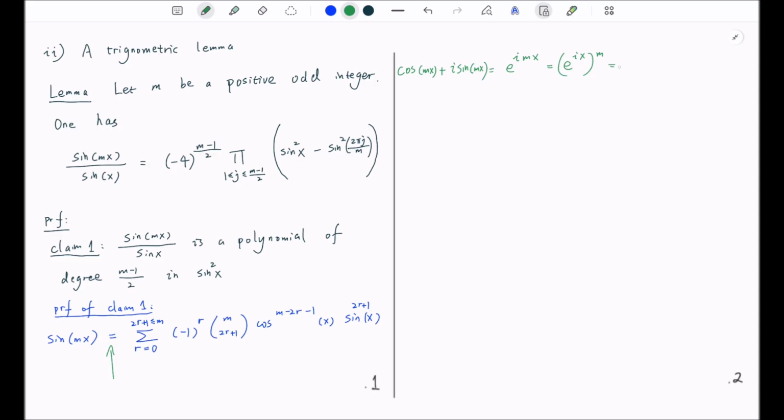And the right-hand side is cosine of x plus i sine of x raised to the power m. And this formula can be derived from here by comparing the coefficients before the imaginary unit i on both sides.